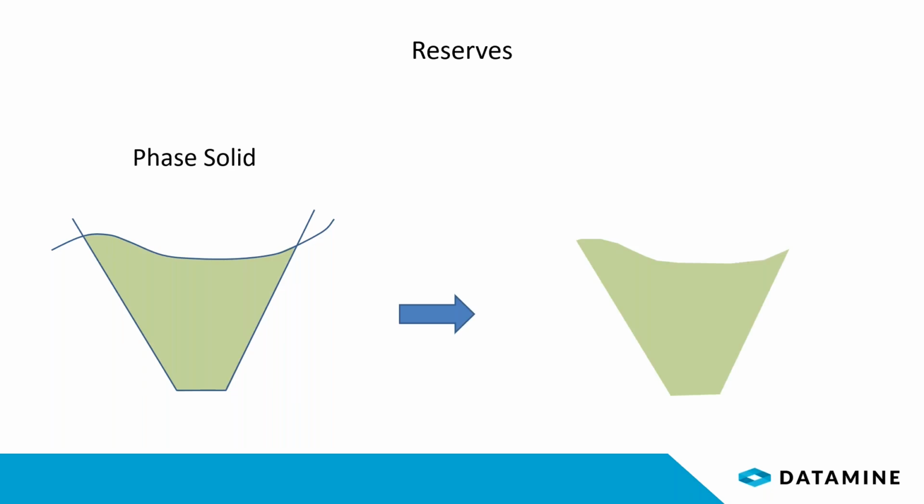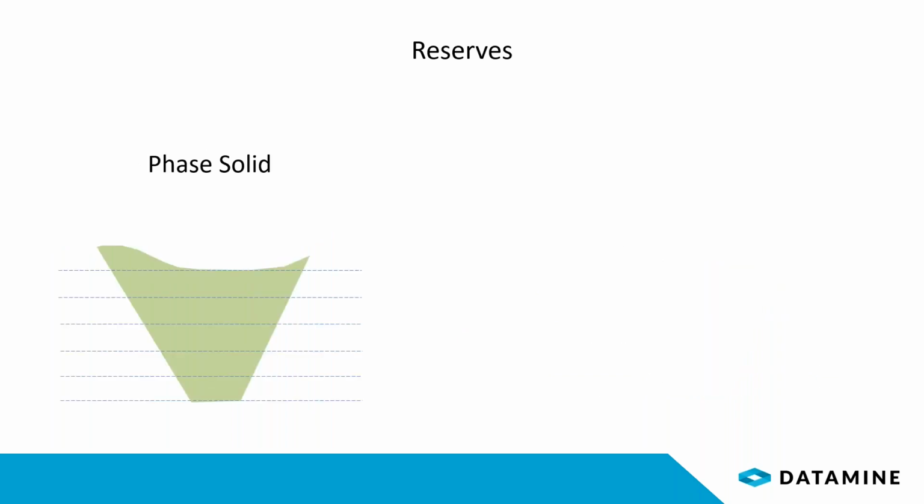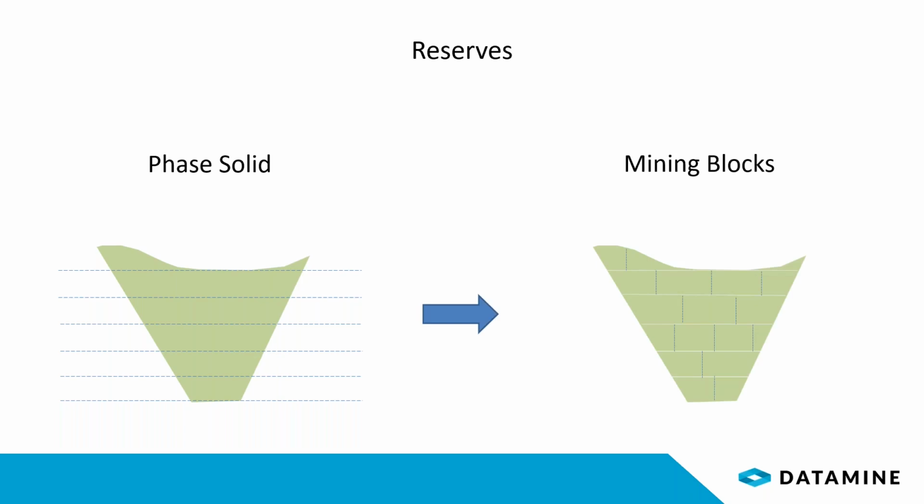which are then sliced into benches. As a result, we have what we like to call the bench solids. All right, and when we have the bench solids, we cut them into smaller units, which we call mining blocks.